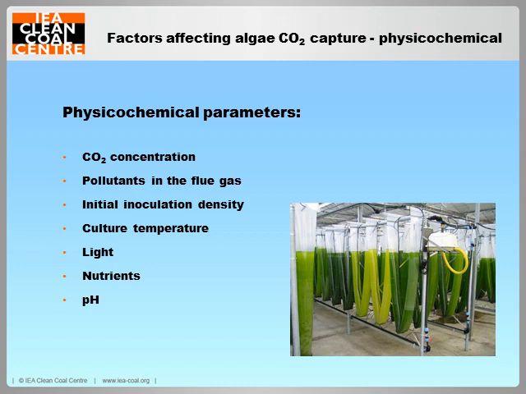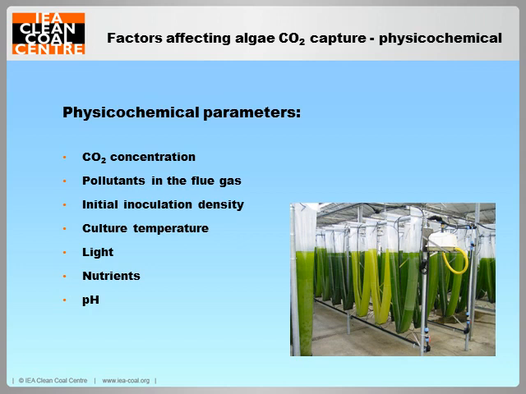First, CO2 concentration. As I have just mentioned, flue gas typically contains 4 to 14% of CO2, but most of the algae grow only at low CO2 concentration levels. Above 5% CO2, their growth is inhibited. Some algae can grow under higher flue gas CO2 concentrations, but the carbon fixation and the biomass production rate are reduced.